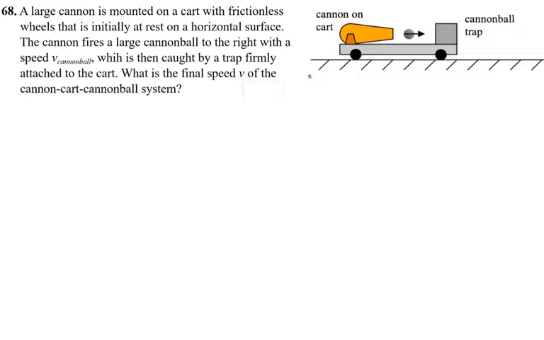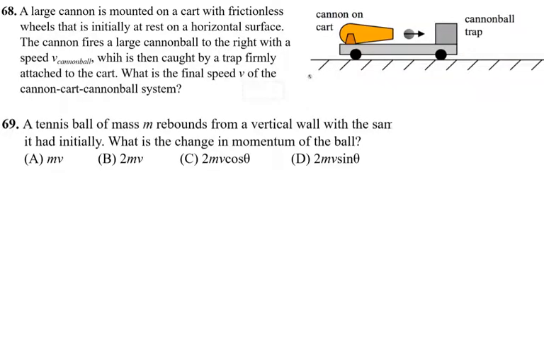You have to think about what is the momentum of the system before. The momentum of the system before is 0. So you have the mass of the cannon, the mass of the cannonball, and the mass of the block. All of them are not moving.